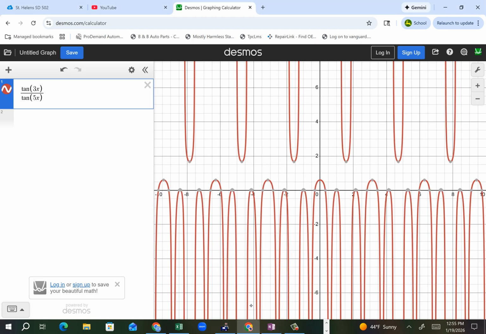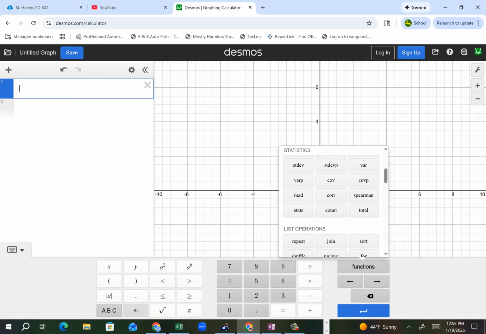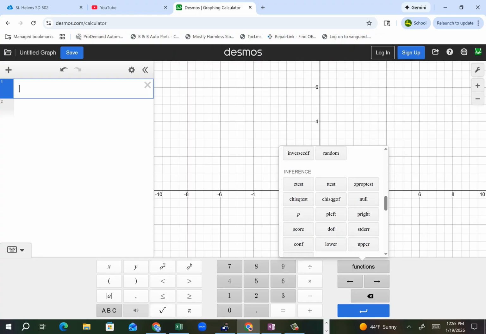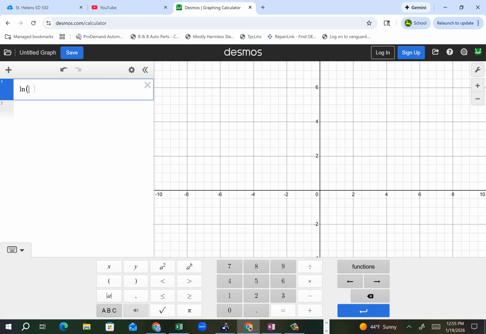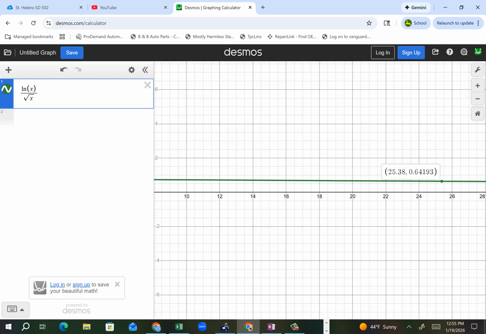And again, you can go check yourself real quick and see if that's true or not. ln x divided by root x. There it goes. Look where that's going. Now, once it gets out there far enough, let's see what happens.